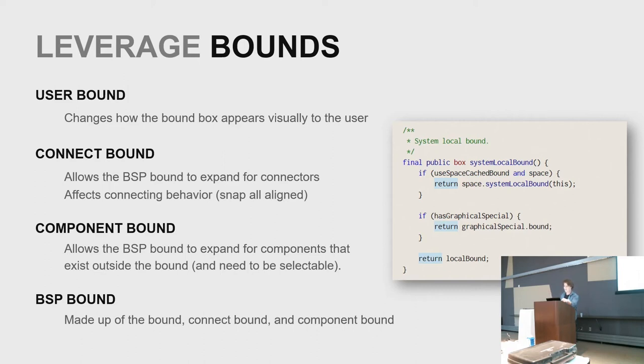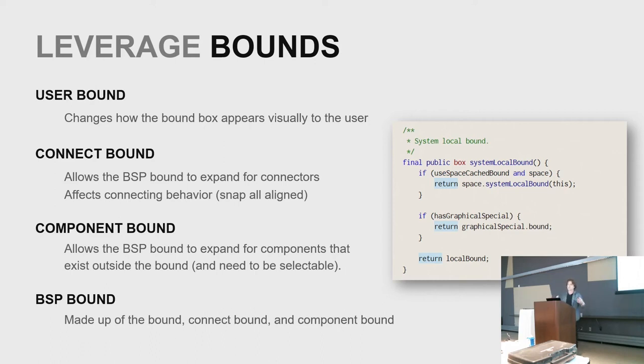But if you want your user bound to look different, and your user bound is how the box visually appears around a snapper, you can override this, and this actually doesn't get called until you click on it, so there's no need to cache it. You can have your user bound just return the bound that you wish to see.